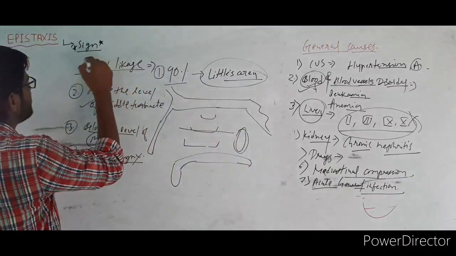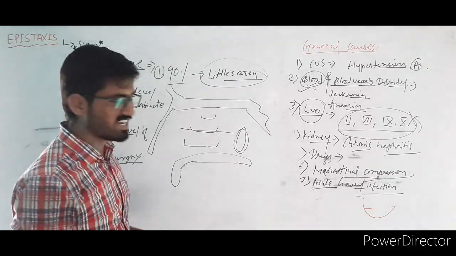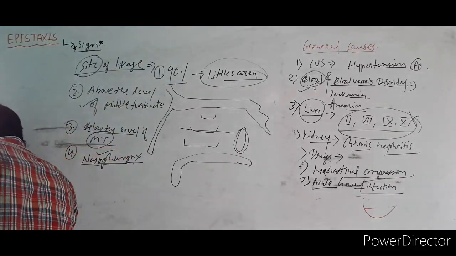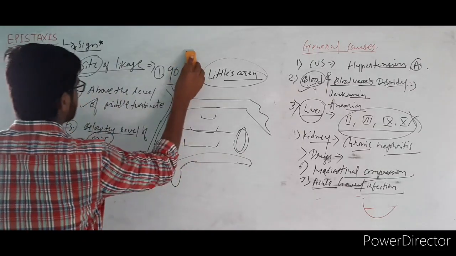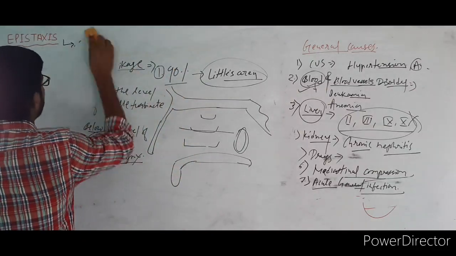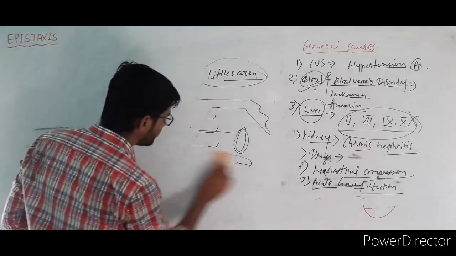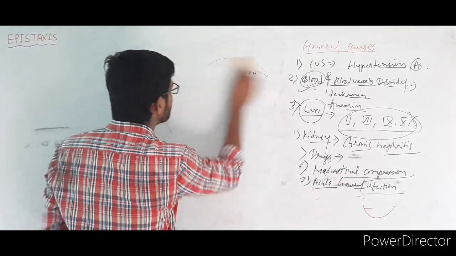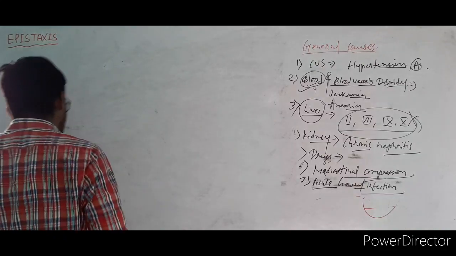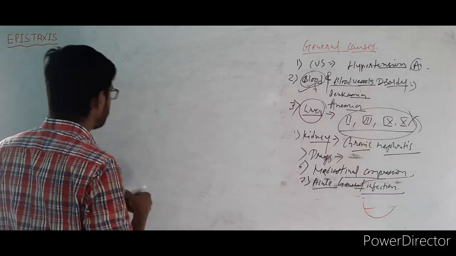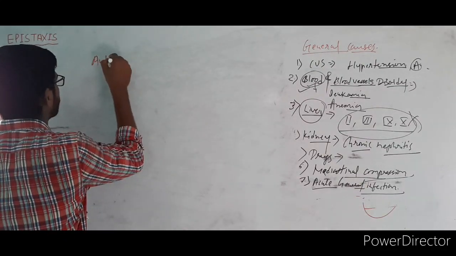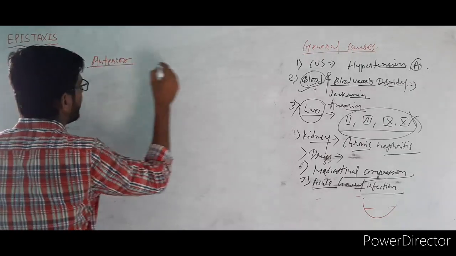These are all the sites; the examiner can ask about the sites. Now we have to classify epistaxis. The classification is anterior or posterior. Can you tell me the difference between anterior and posterior epistaxis? It's very simple.